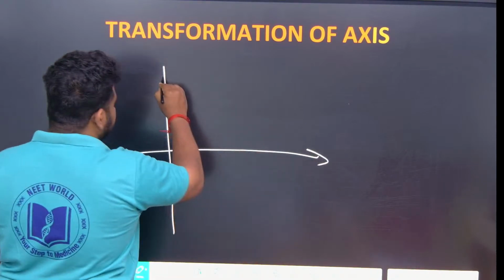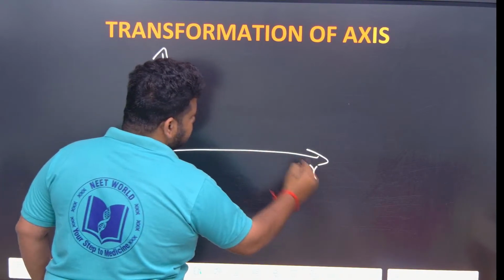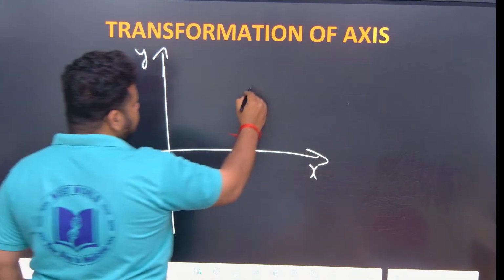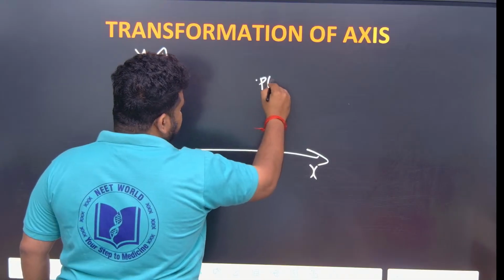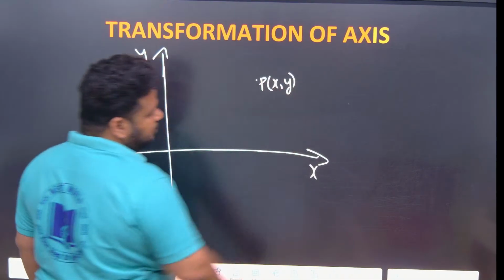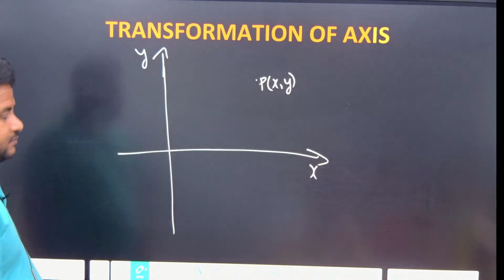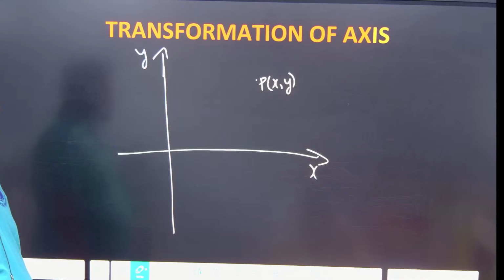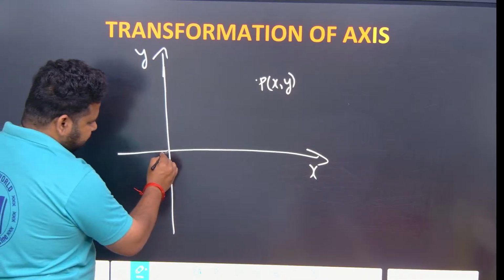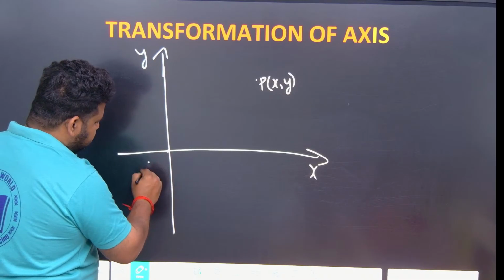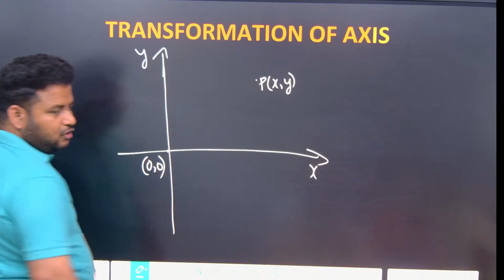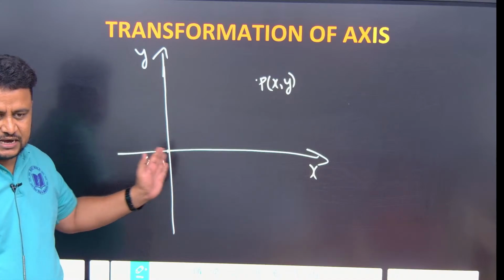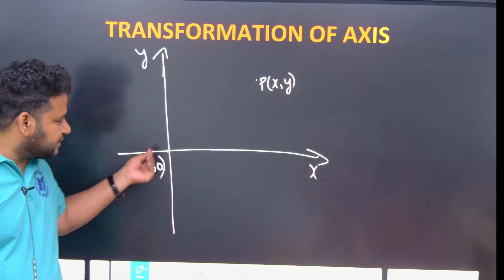this line is the x coordinate axis, this is the y coordinate axis. Suppose there is a point P (x, y). Now transformation of axis means, this is the origin. Now what I will do is shift the coordinate axes x and y from the origin, that is, I am shifting the origin.